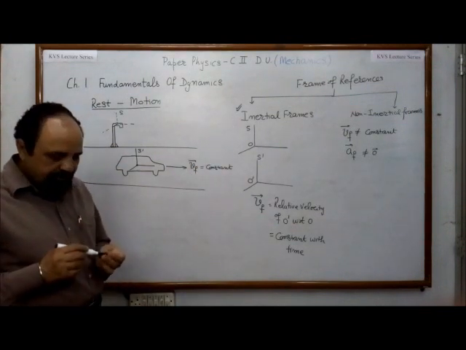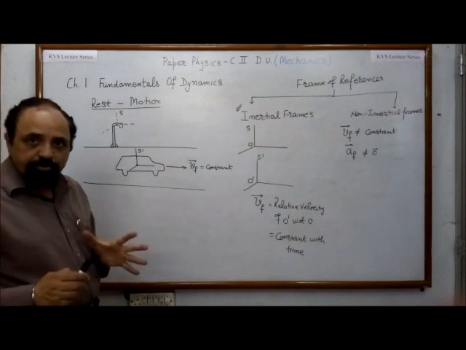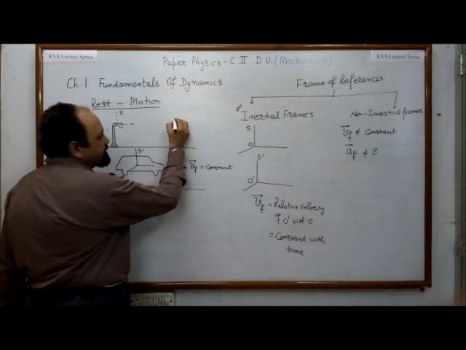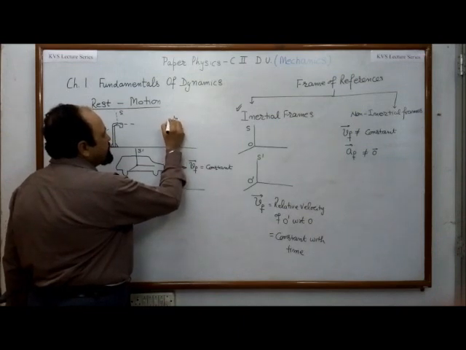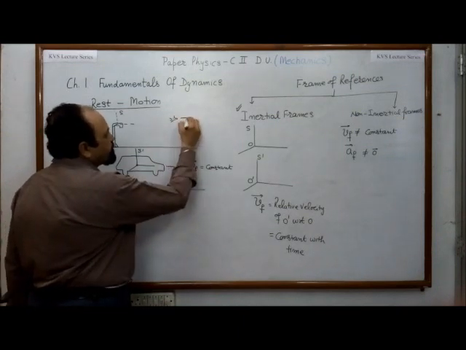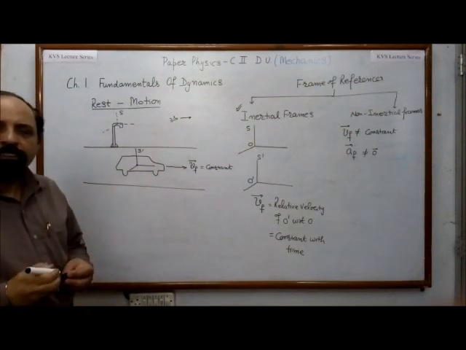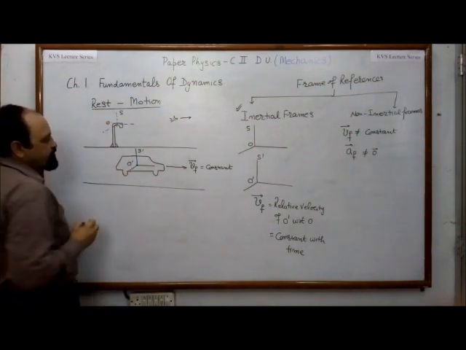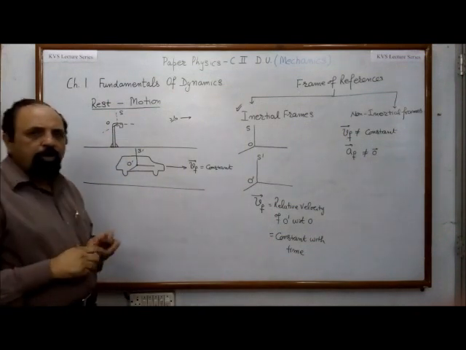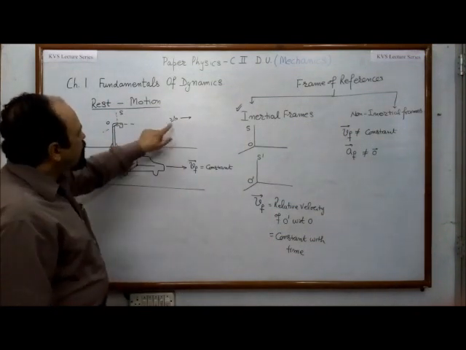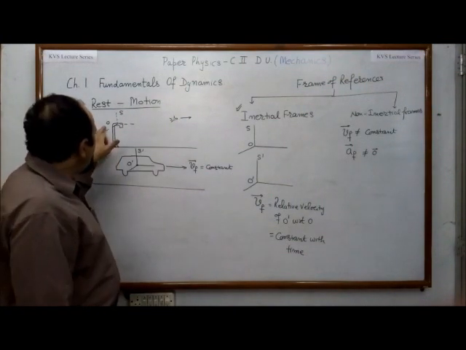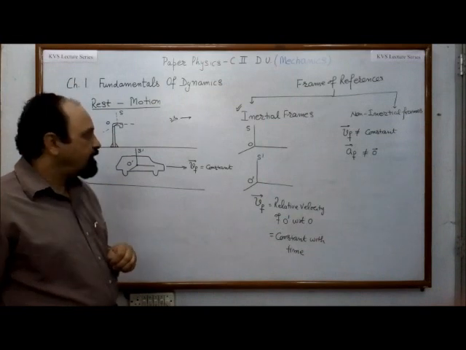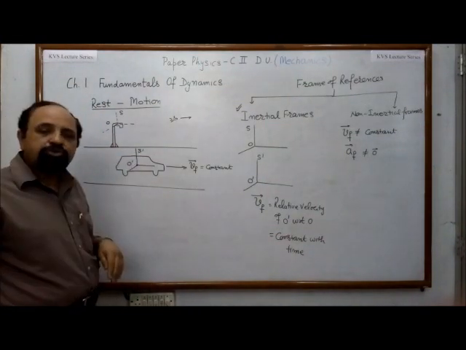Now there is an important point to understand. Suppose there is a bird which is flying and is observed by both the frames O and O dash. I hope you understand that the observations made by O and O dash are different. Can we link the two?